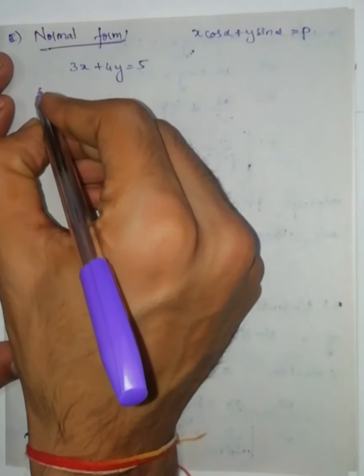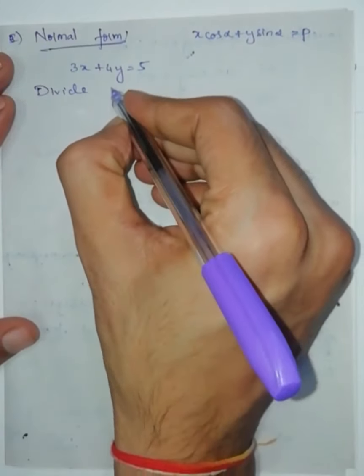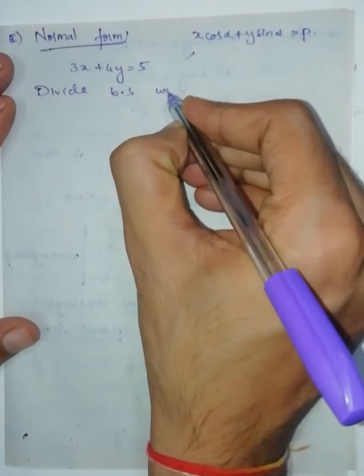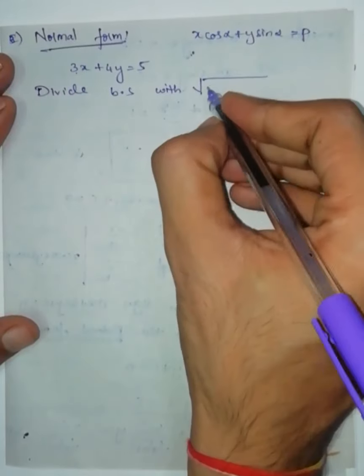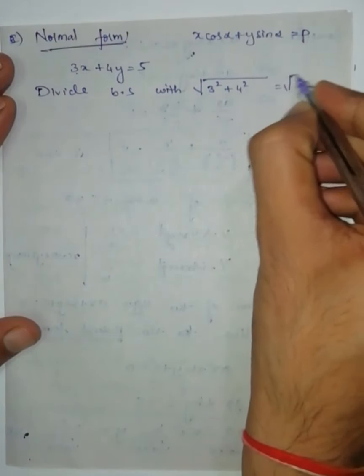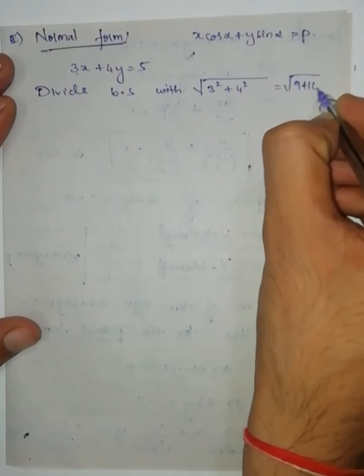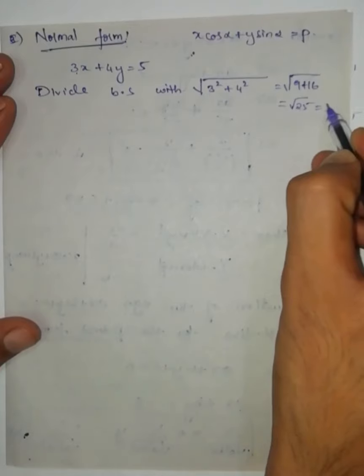Now divide both sides by under root a square plus b square, that is under root 3 square plus 4 square, nothing but under root 9 plus 16, which is under root 25, which is equal to 5.